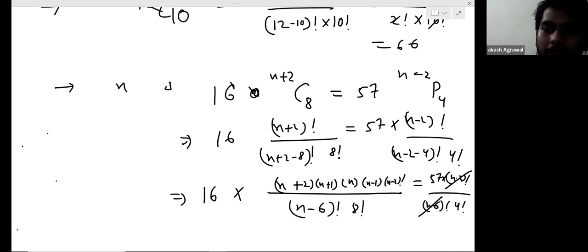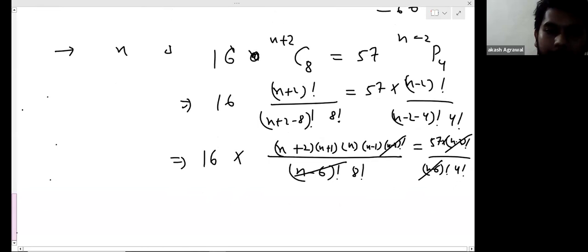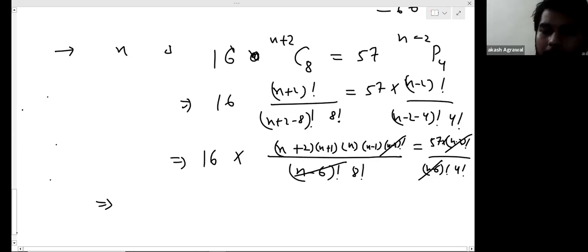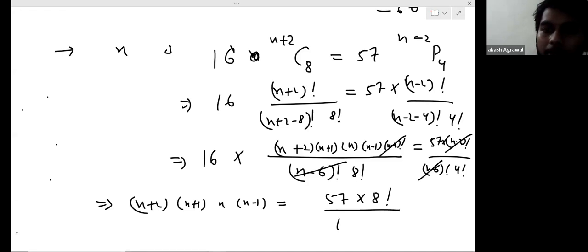So this goes, this goes, this goes, this goes. Let's see what can be cancelled out. Let's bring all the numbers to one side. N plus 2, n plus 1, n minus 1 equals 57 into 8 factorial upon 16 into 4 factorial.